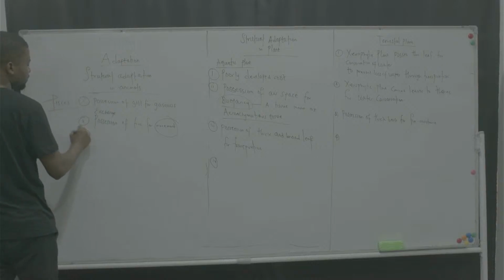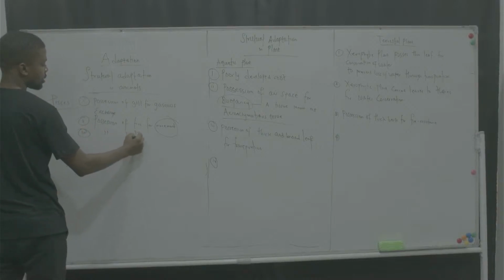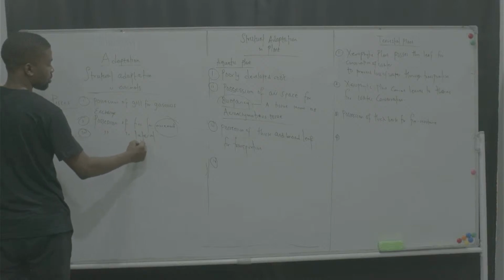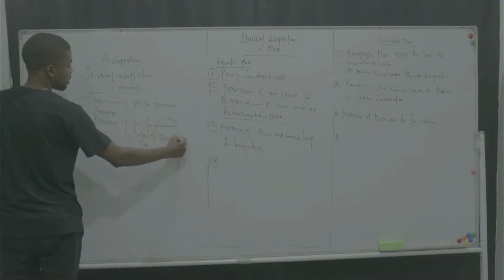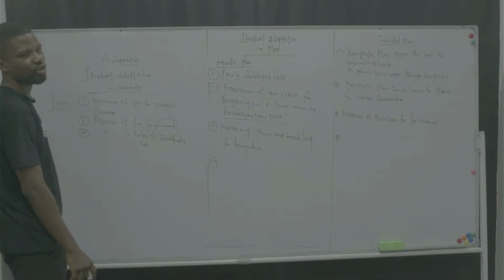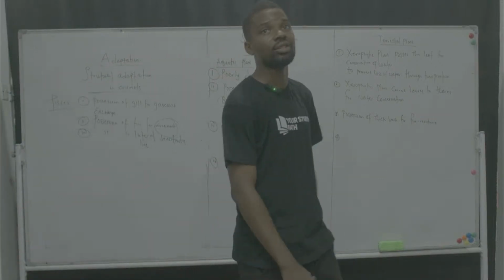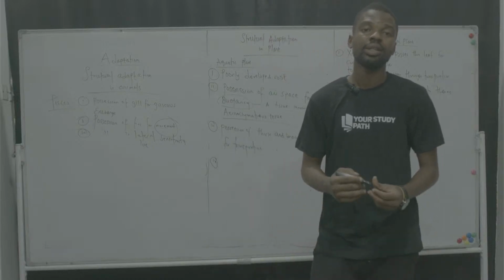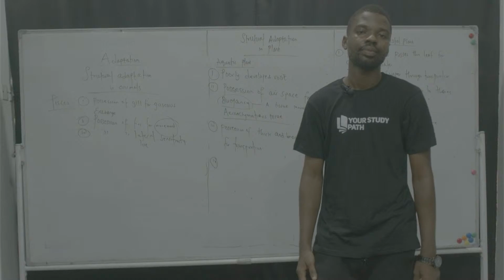Now number 3, possession of lateral lines for sensitivity. Now don't mistake swimming bladder and streamlined bodies. I don't know why you guys make that mistake. Swimming bladder and streamlined bodies.